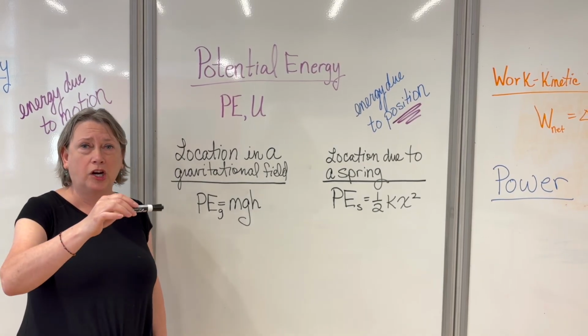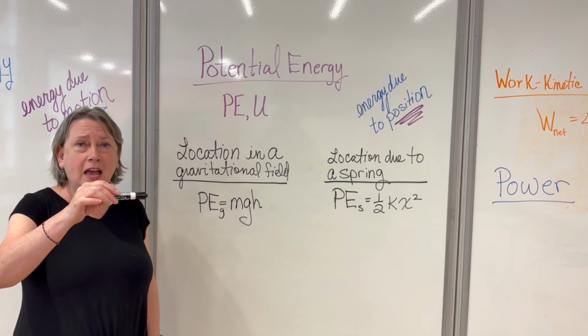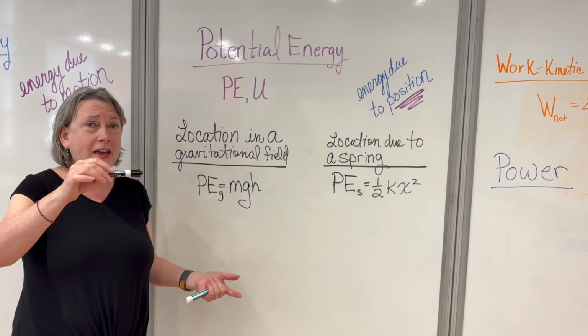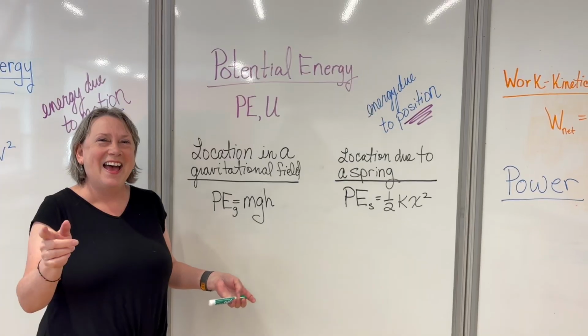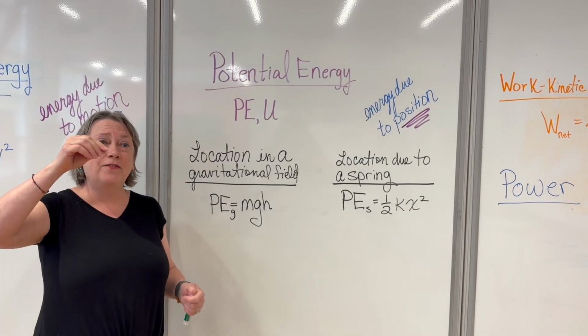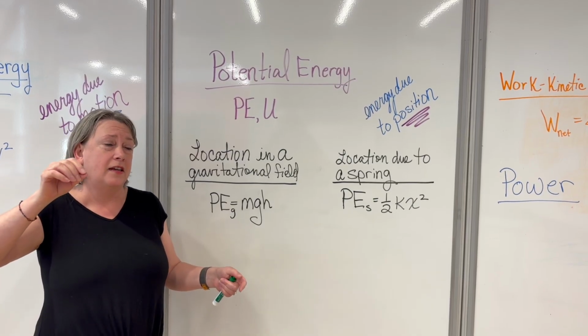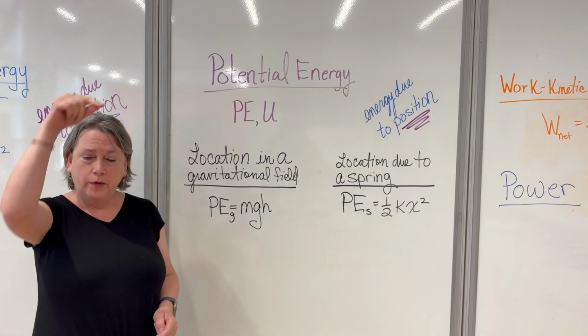I'm holding a marker right here, and it is some height above the floor. And so it has the potential to fall. If I let go of it, it's gonna fall. As I let go of it, it was at rest. It had no velocity, and it had the entire height to the floor with which to fall.